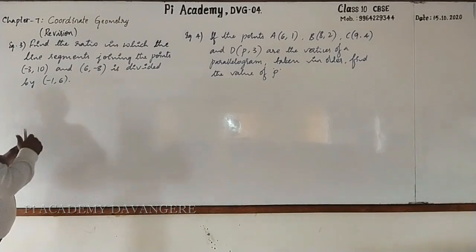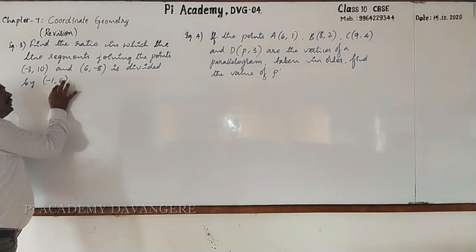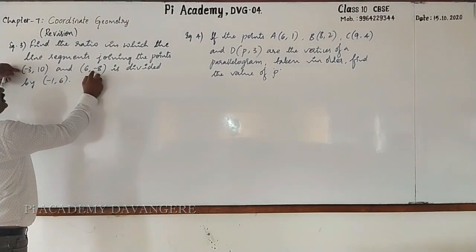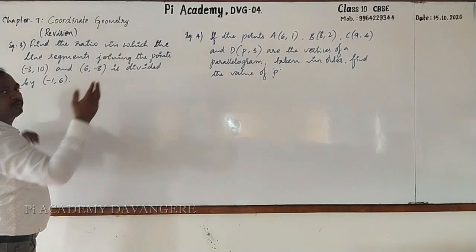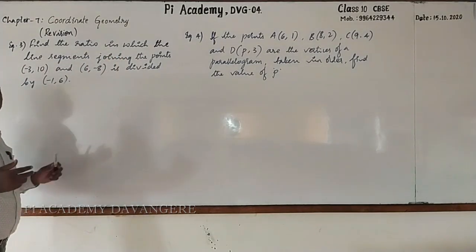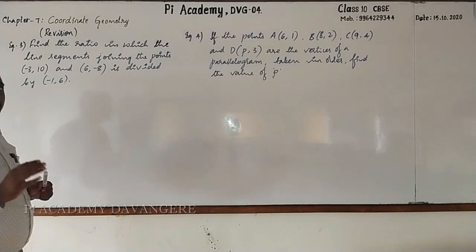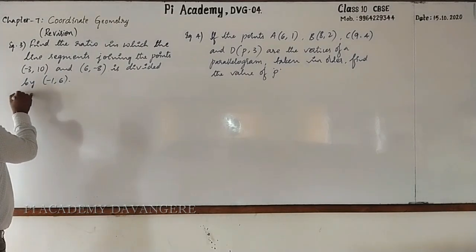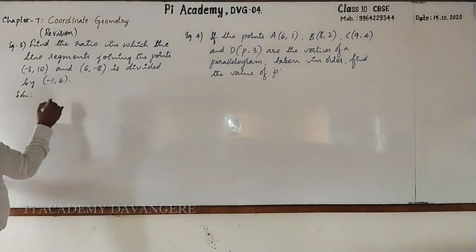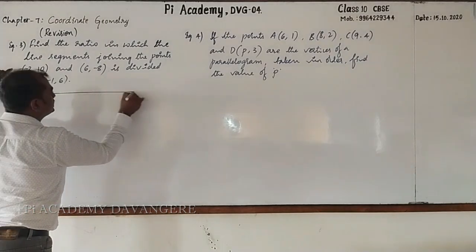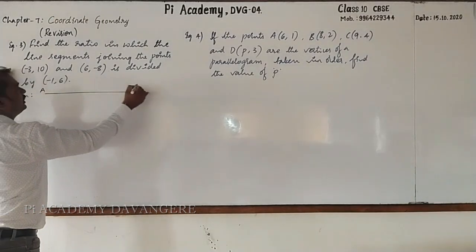Here they are given the coordinates of the point which divides the line segment joining the points. You are going to find out the ratio, that is m1 is to m2. Followed? Just with a figure, I'll try my best to make you understand the statement. Okay, this is the line segment. Call it as AB.